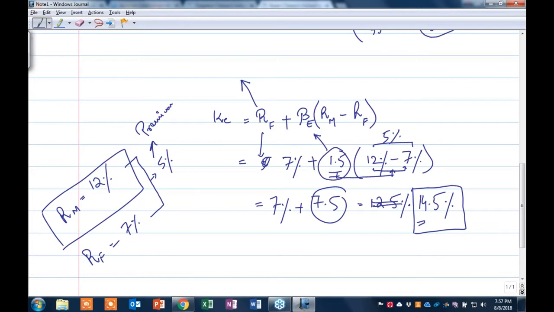That's why we say the CAPM model always gives us the project specific cost of equity or discount rate, because it incorporates the specific risk level of the investment. Is that clear?